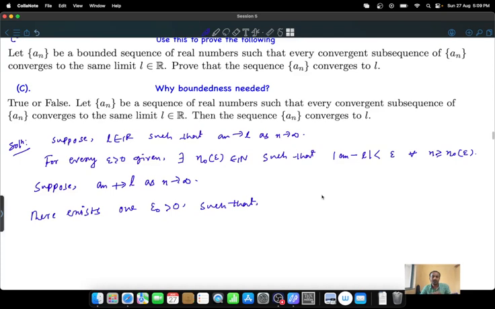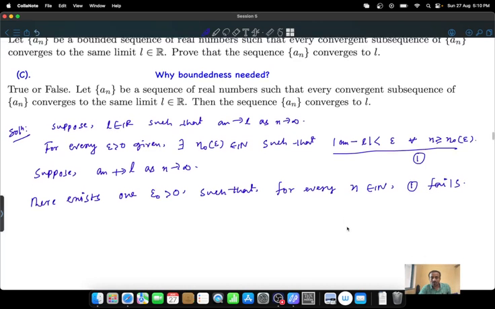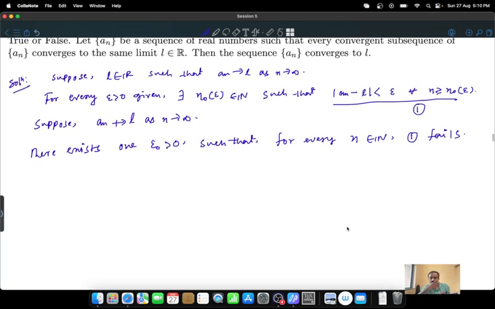That means whatever natural number you take, this has to be false, such that for every natural number n you take, this quantity has to fail. So let me write, for every n, this one fails. Okay, so now let's try to write down what it means for this to fail.